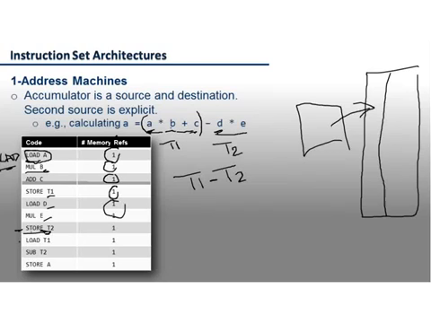Then we load T1 and straight away we subtract T2 from T1. So now we have completed the equation and we have the value A. Then we store it or we output it. It's up to you. We can store it, or you can have an output, never mind. So then we store the data, the A.